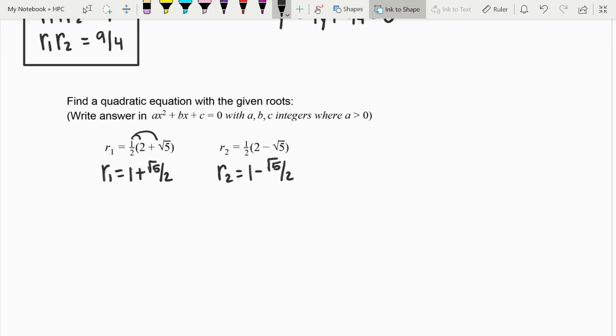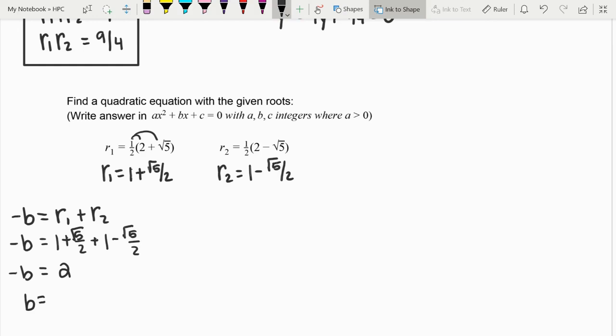Okay, so we need to find a, b, and c. So we know that the sum of the roots is going to equal the opposite of b. So the opposite of b is going to equal root 1 plus root 2. So the opposite of b is going to equal 1 plus square root of 5/2 plus 1 minus square root of 5/2. So the opposite of b is going to equal 2.